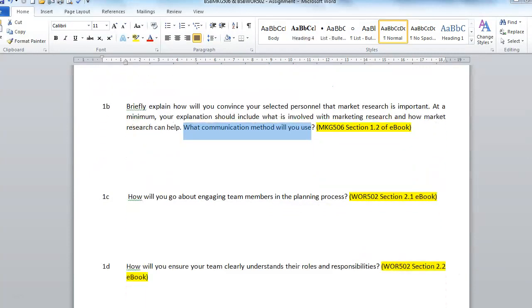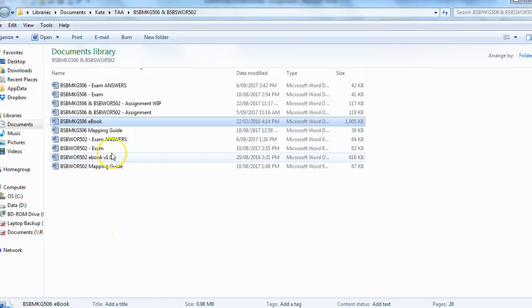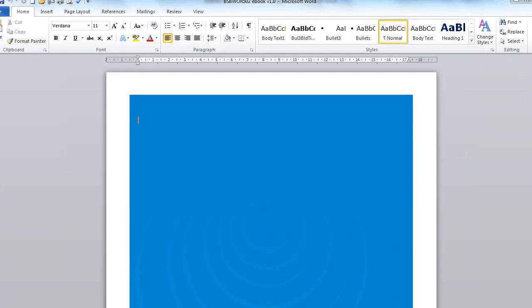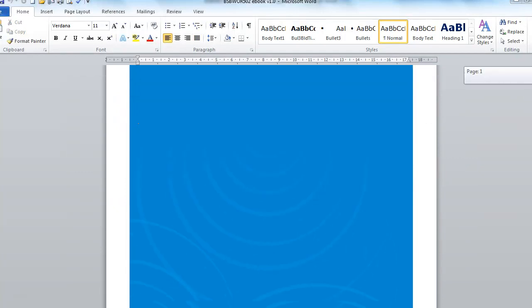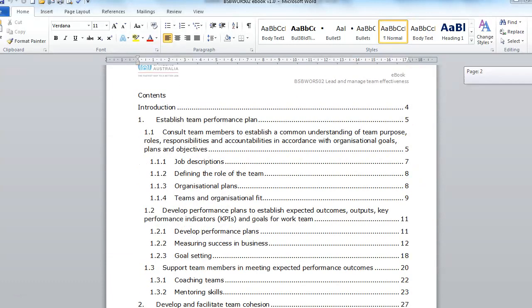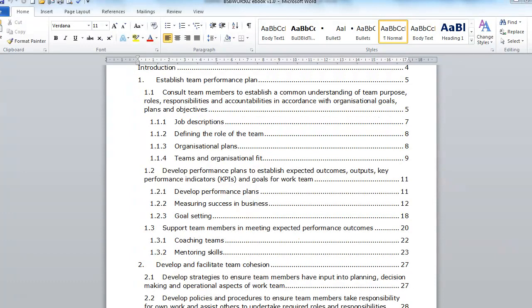1C, how will you go about engaging team members in the planning process? For this one, I think I might have stuffed up the section. This is in the other ebook, WOR502, and I'm pretty sure the planning process is actually 1.2. But bear with me. Develop performance plans.